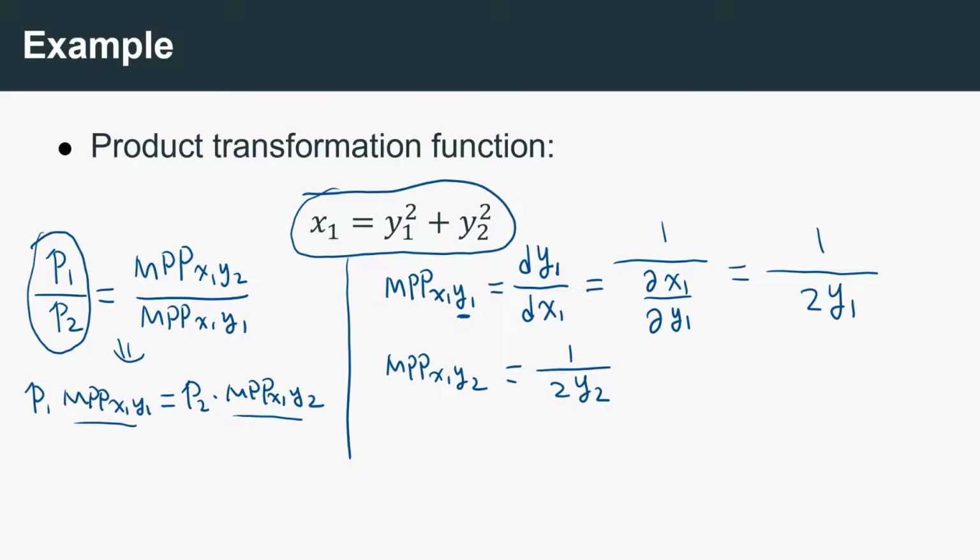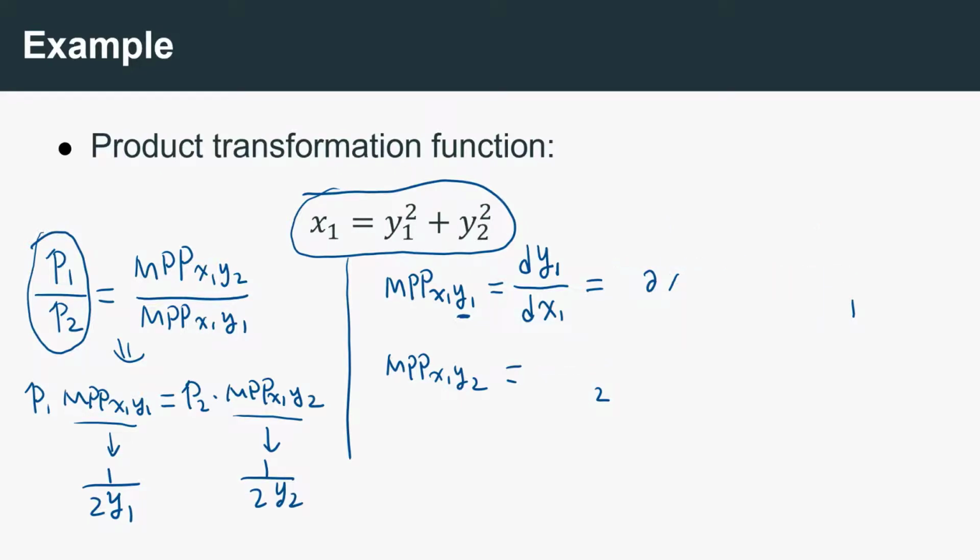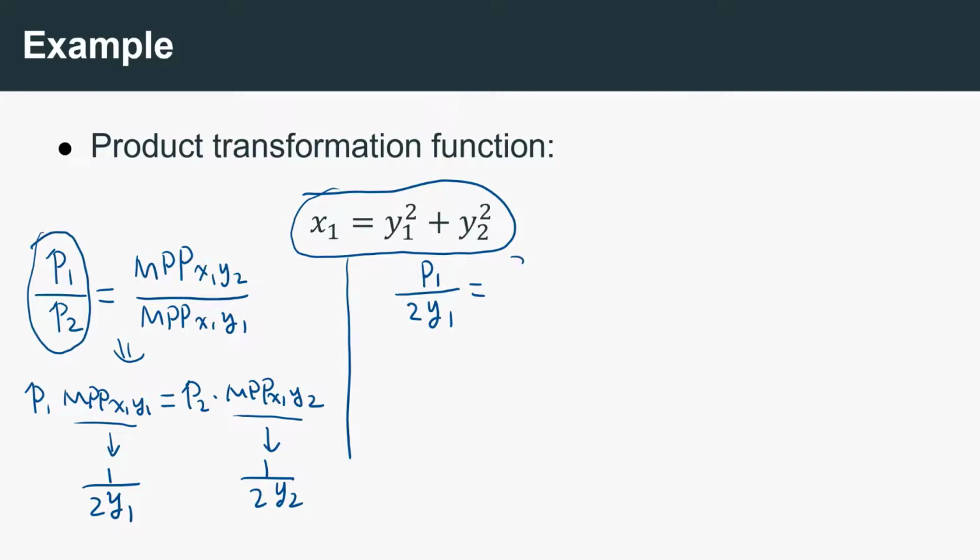So the optimality condition is, let me write it here. This is 1 over 2y1, this is 1 over 2y2, and I can get rid of this part of the board. And so the condition will be P1 over 2y1 is equal to P2 over 2y2, and you can write y2 as a function of y1.